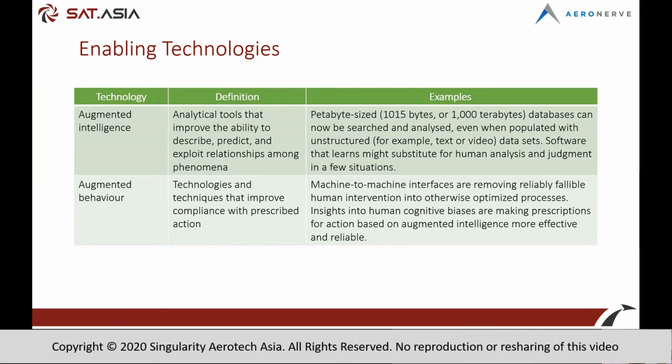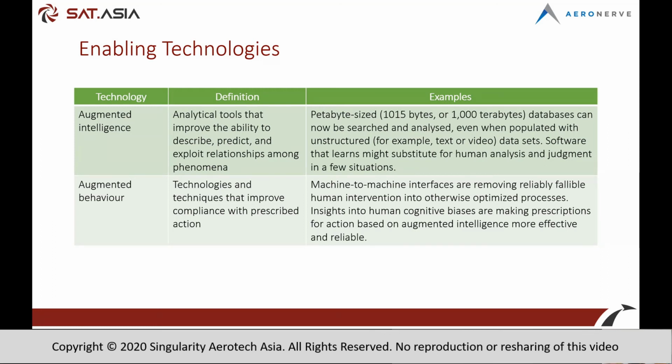Manually I can do that because based on the analysis result, the intelligence software or whatever can tell me what is the next course of action, but it cannot do that for you. With augmented behavior technology, you can actually do that for you, right?